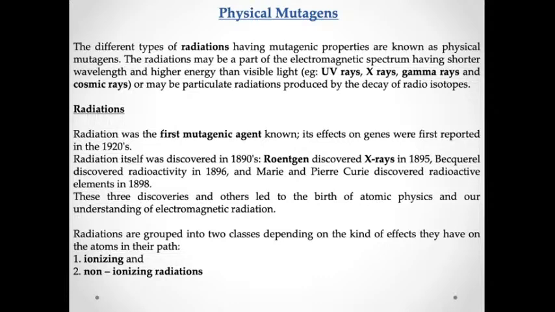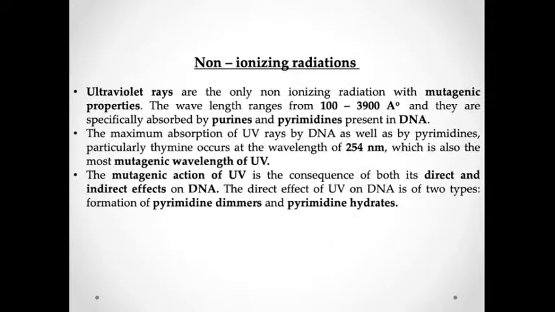Radiations are grouped into two classes depending on the kind of effects they have on the atoms in their path, that is ionizing and non-ionizing radiations. Non-ionizing radiations include ultraviolet rays, which are the only non-ionizing radiations with mutagenic properties.